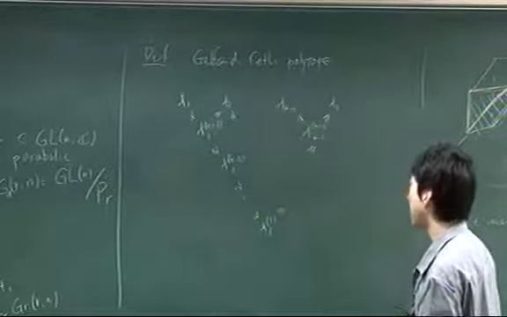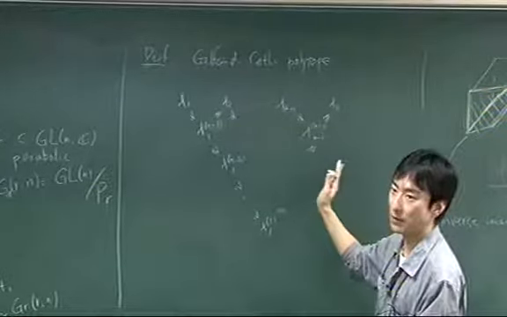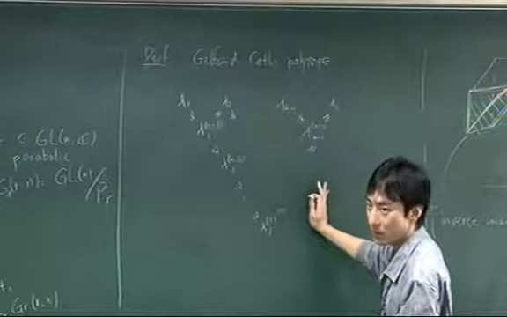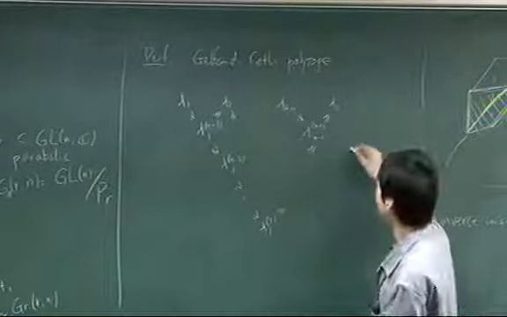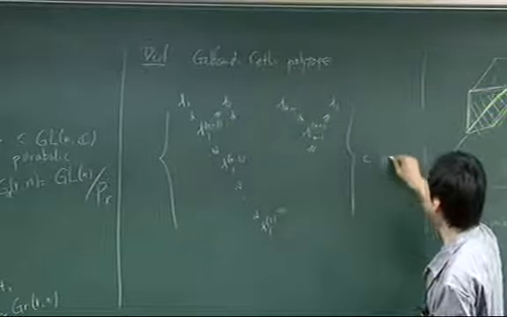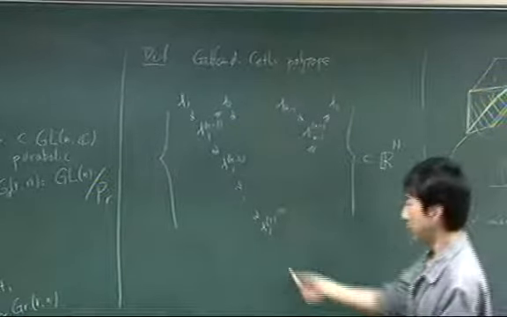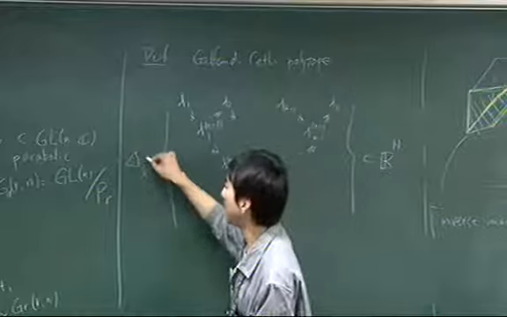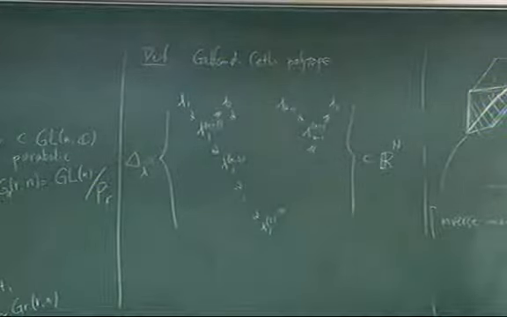I'm sorry. So the image of the Gelfand-Cetlin system has to satisfy these inequalities. This gives a polytope in R to the N, and this is the Gelfand-Cetlin polytope. I'm sorry, I forgot to say that.